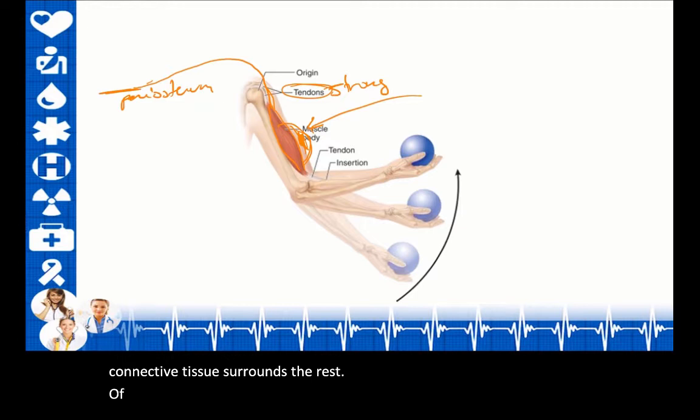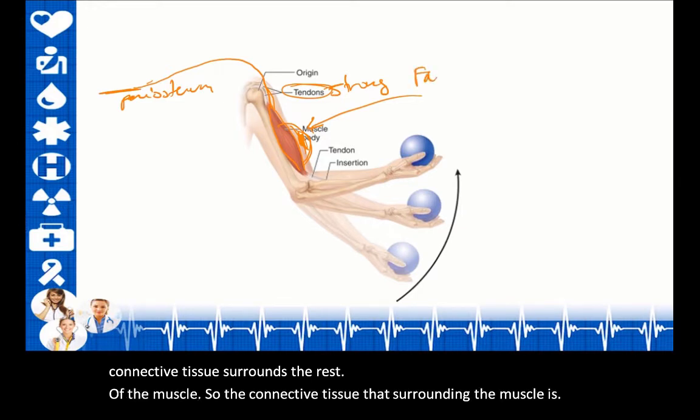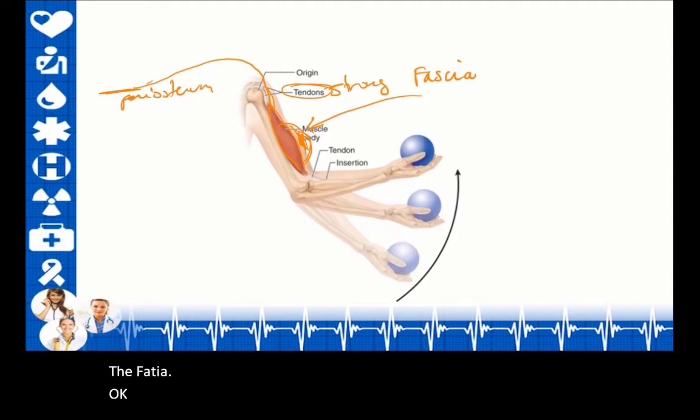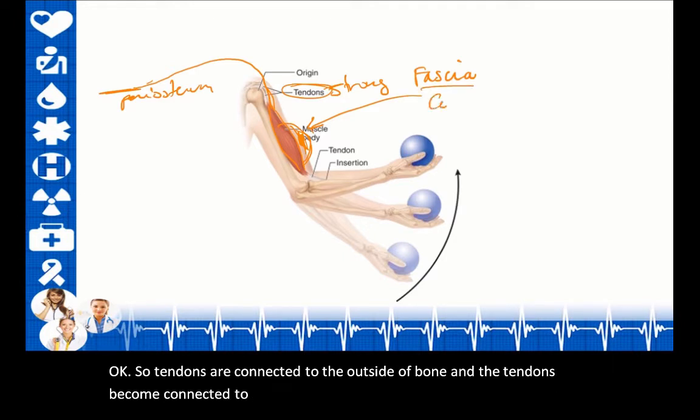So the connective tissue that's surrounding the muscle is the fascia. Okay, so tendons are connected to the outside of bone, and the tendons become connected to the fascia that creates a cavity or compartment for a muscle.